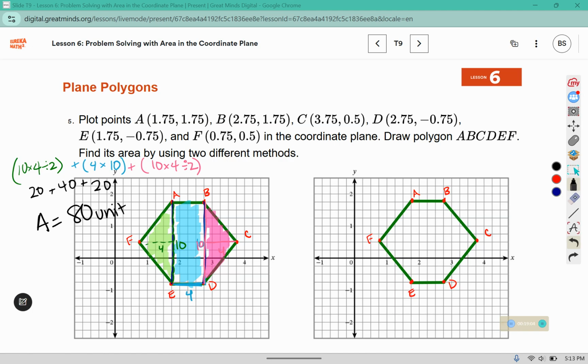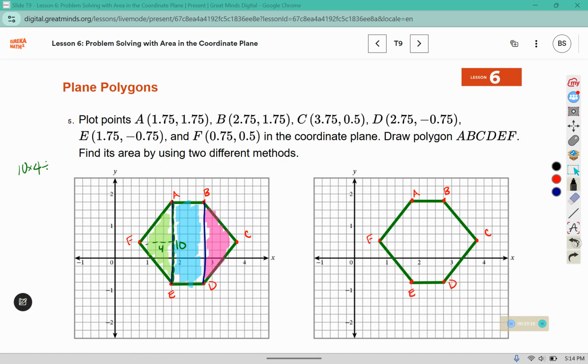Okay, but wait. They're not actually 10 tall. We gotta fix this. They're counting by quarters on our axes, remember?